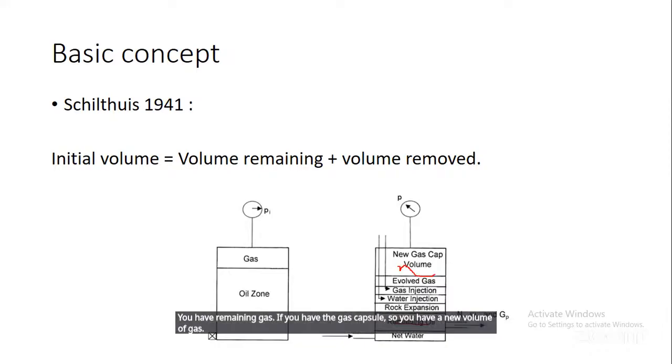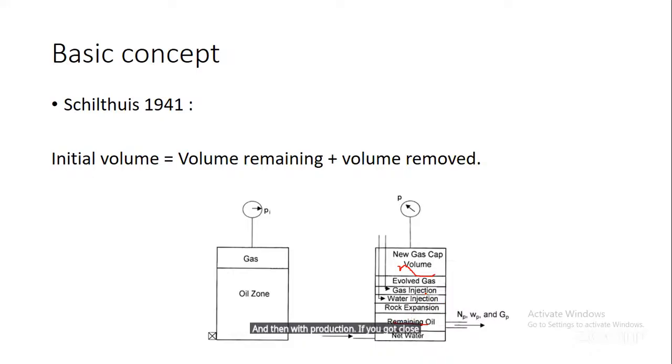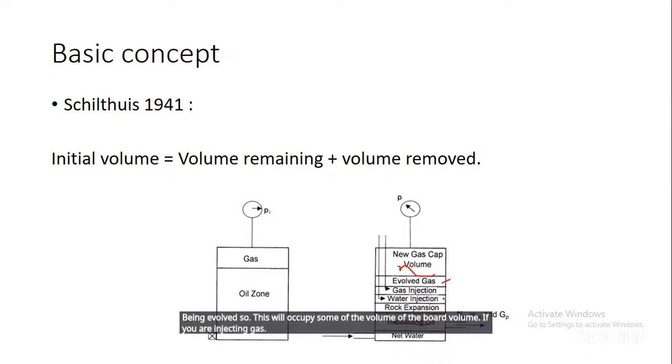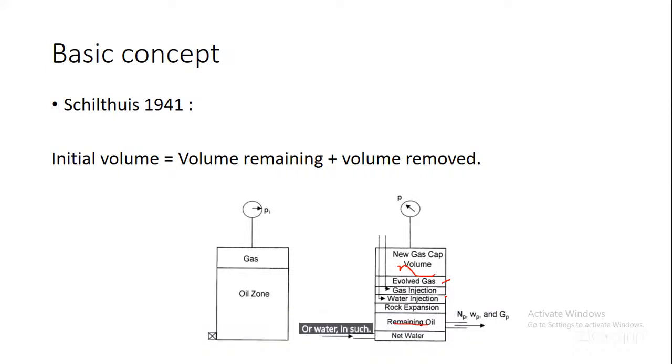And with production, if you get close to the bubble point, some gas has evolved, so this will occupy some of the pore volume. If you are injecting gas or water, this will occupy some of the pore volume you have. And if we have an aquifer, we have an influx of water.